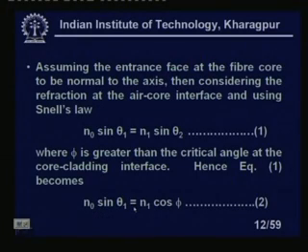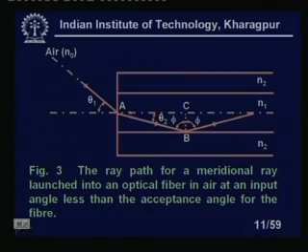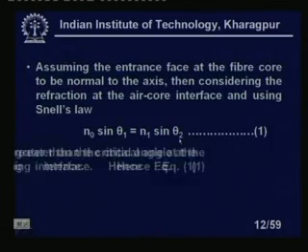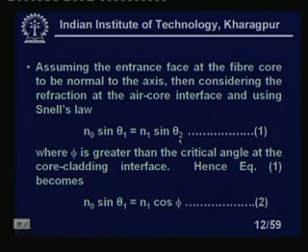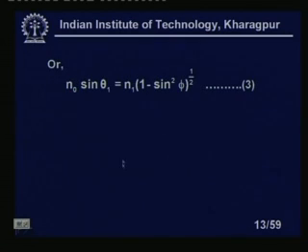I can write N0 sin theta 1 equal to N1 times sine of pi by 2 minus phi, because ABC is a right angle triangle. So quite obviously N0 sin theta 1 equal to N1 cos phi, or N0 sin theta 1 equal to N1 times (1 minus sin square phi) to the power half. We can write this as equation number 3.